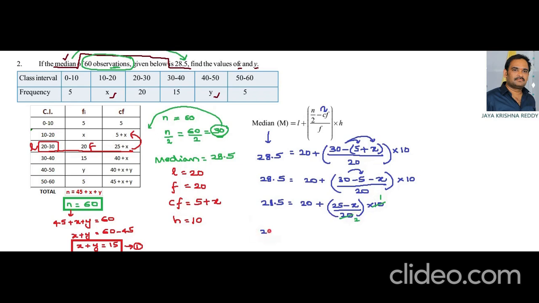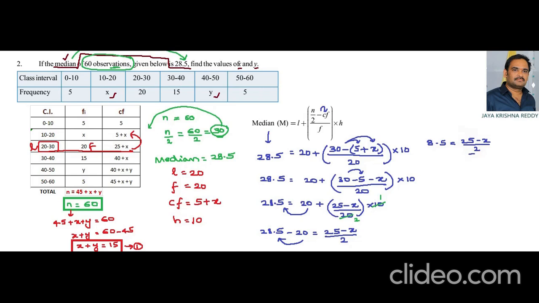So you can write 28.5 and transpose this 20 to the left side. It becomes minus 20 equal to what is the remaining part on the right hand side, 25 minus x by 2. So what is the result? 28.5 minus 20 is 8.5, equals 25 minus x by 2.